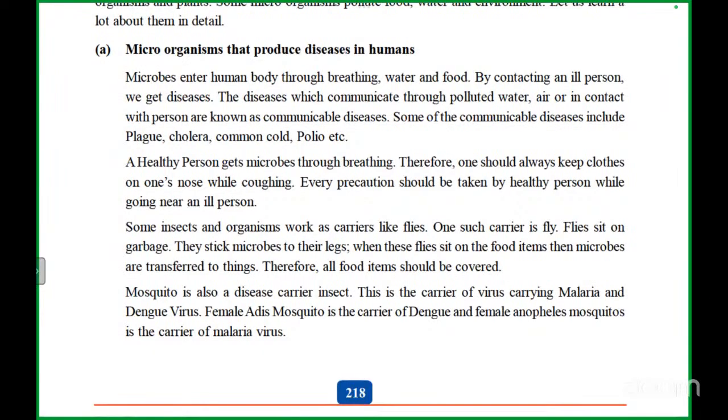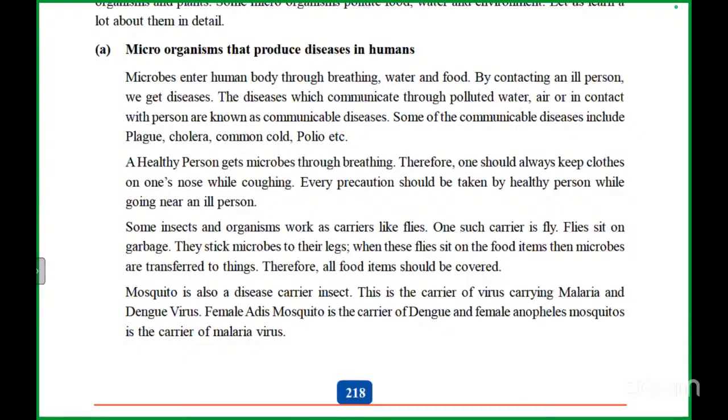The bacteria attach themselves to their feet and body, and when these flies sit on food, they transfer the bacteria from the garbage to the food. Then when we eat the food, we fall sick.